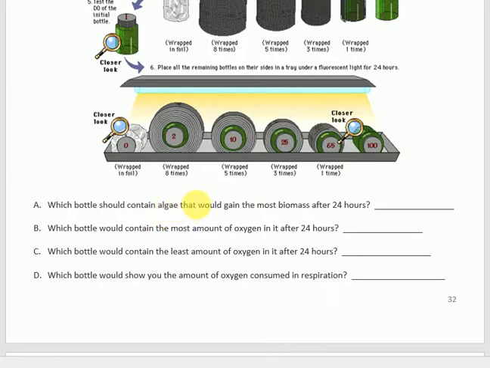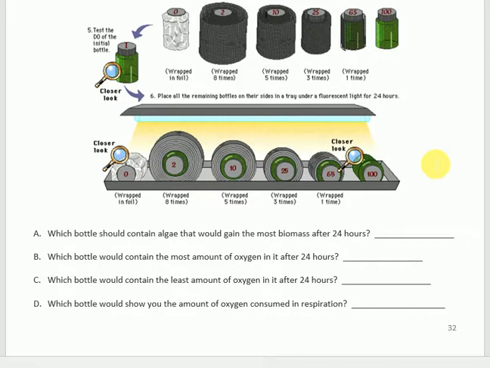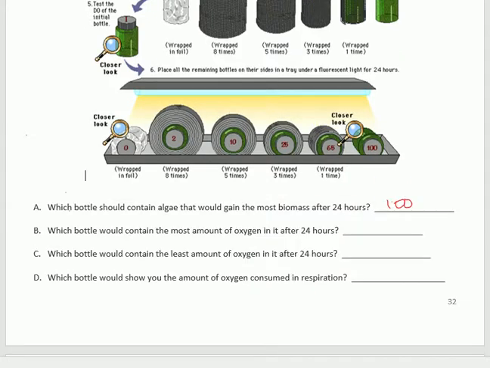Which bottle should contain algae that would gain the most biomass after 24 hours? Well, if you look at our choices, this one wrapped in foil, there's no light getting in there. And of course, it's going to increase the amount of light as we go down. So obviously, it would be the bottle that is at 100. The next question says, which bottle would contain the most amount of oxygen after 24 hours?